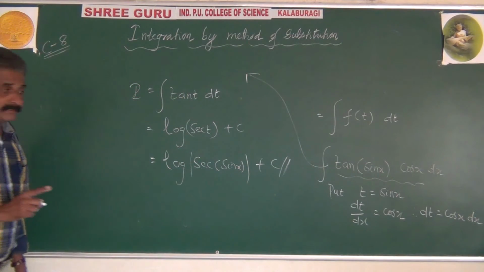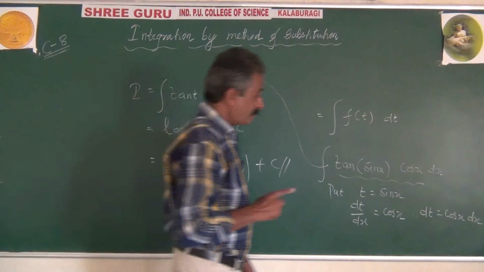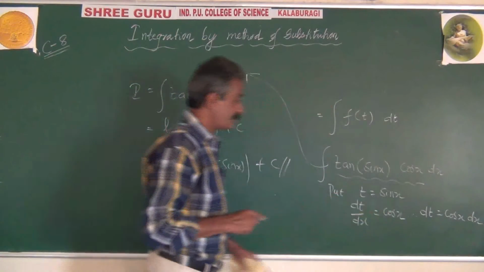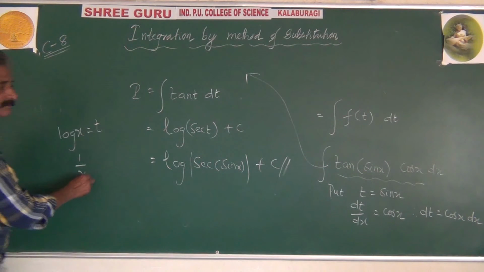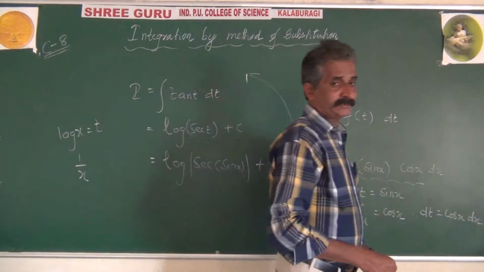You realize in mind, we are able to get the answer because of this proper substitution. Suppose in that problem, if I take a substitution like put log x equal to t, will it be useful or unuseful? Unuseful, because the derivative of log x is 1 by x, and there is no support of 1 by x.